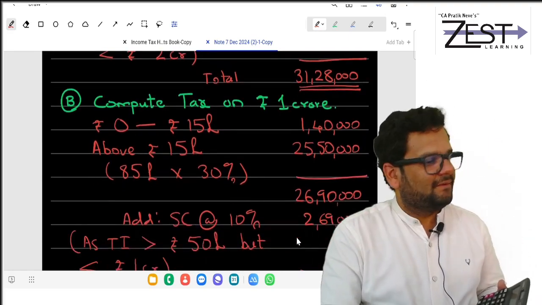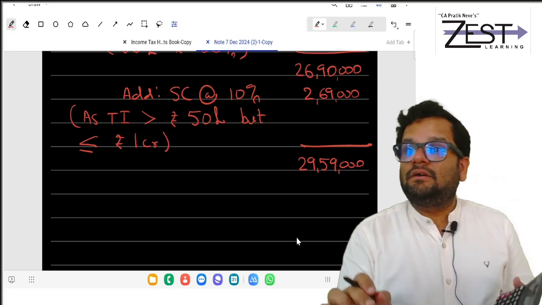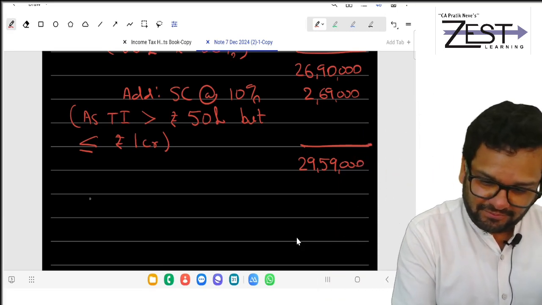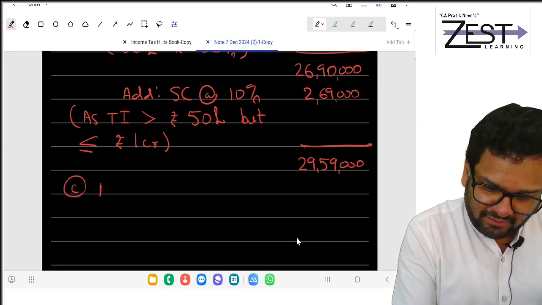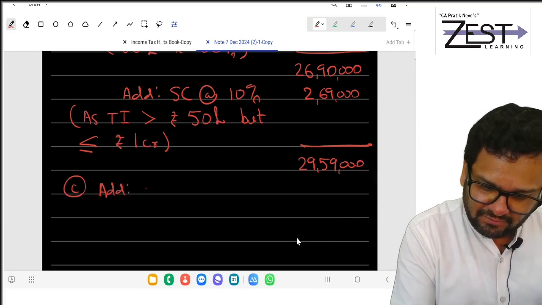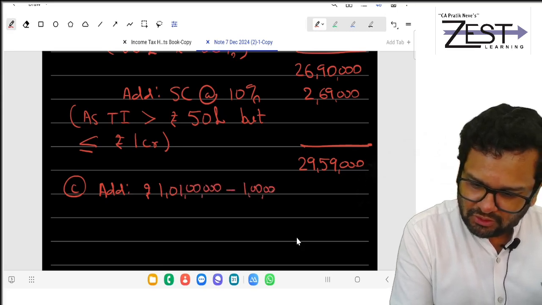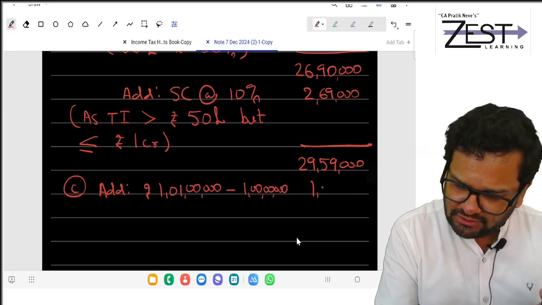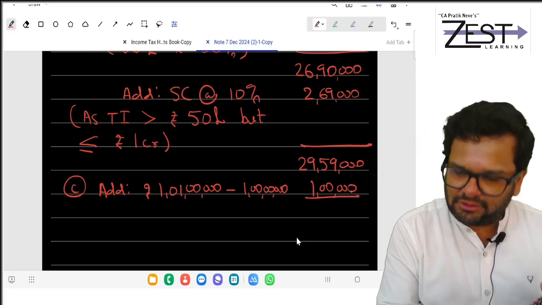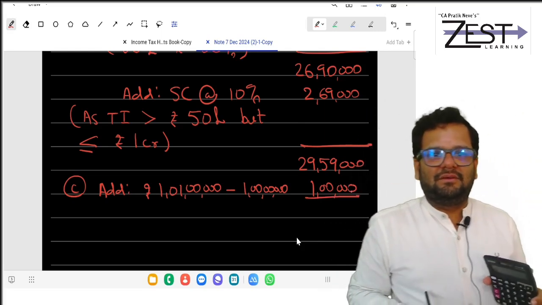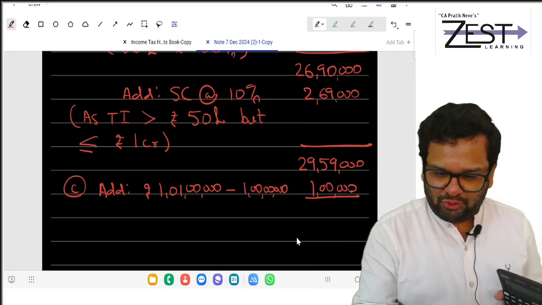Done, friends. C point. You will seek paying 1 crore 1 lakh minus 1 crore. Whole problem has happened because of this 1 lakh. Go and deposit that, for calculation, do that.